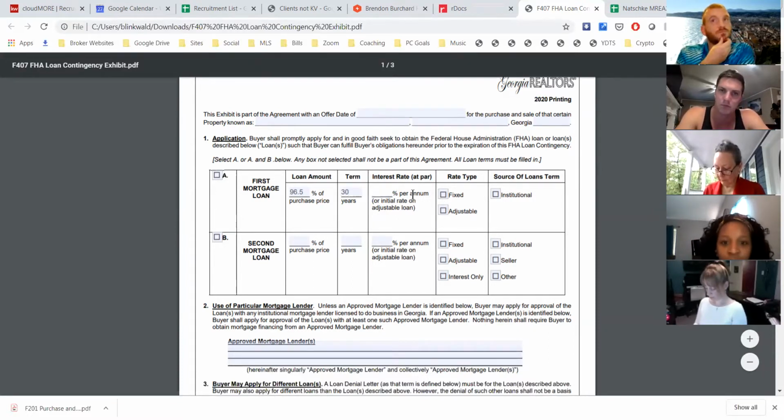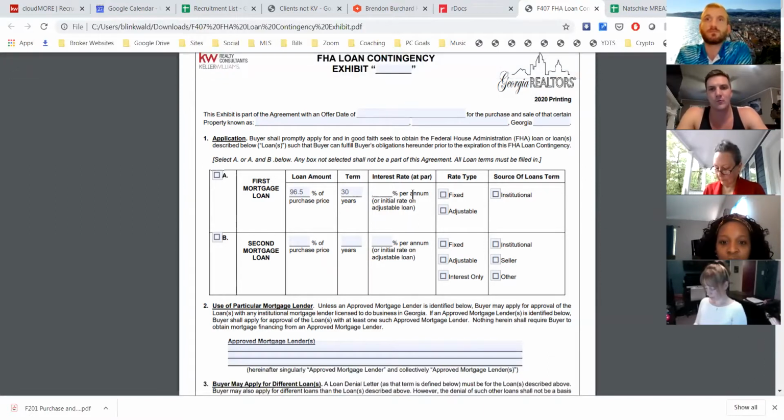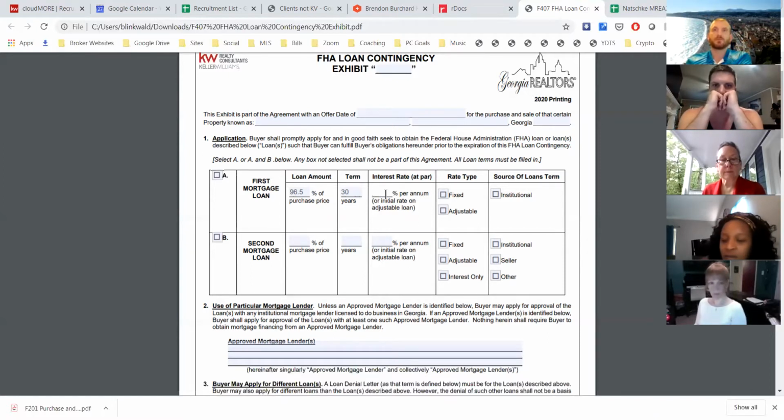And here, what I tend to do, this is not necessarily the interest rate that they're getting. This is a contingency. So if I'm on the seller side, I want that to read market. If I'm on the buyer side, I want it to be a little higher than their current rate. So let's say the current rate is 3.75. I might have that read 4, okay?